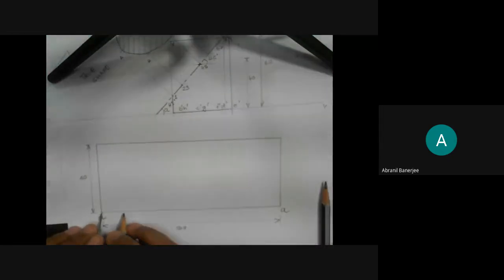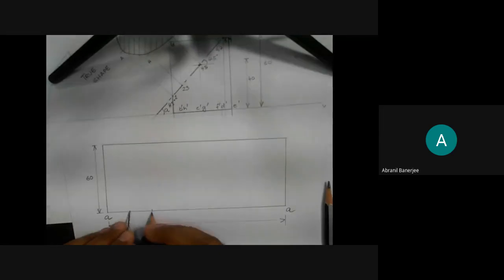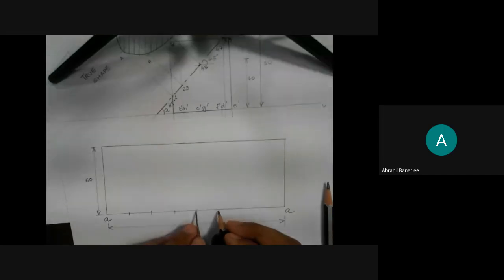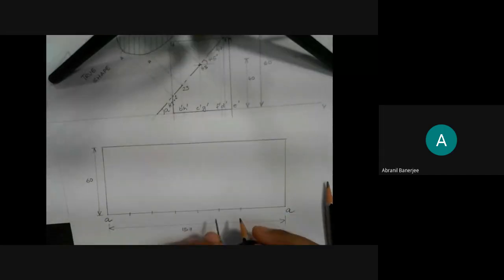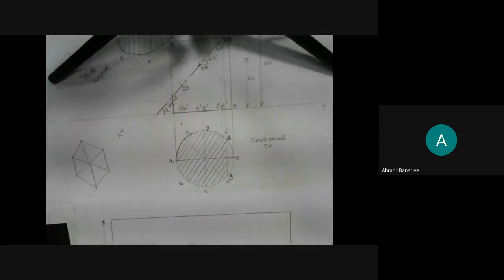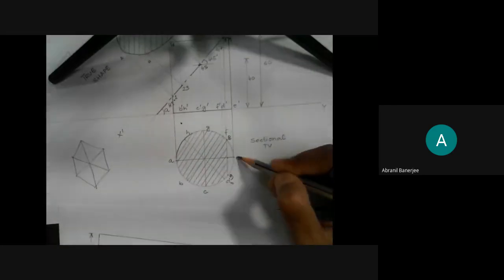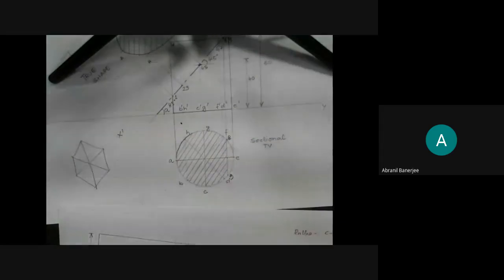So I will mark each arc like this at A and A. Let us call B, C, D, E, F, G, and H. If you see A, B, C, D, E, F, G, H, A. Again, similarly, A, B, C, D, E, F, G, H, A. Comfortable? Yes, sir.